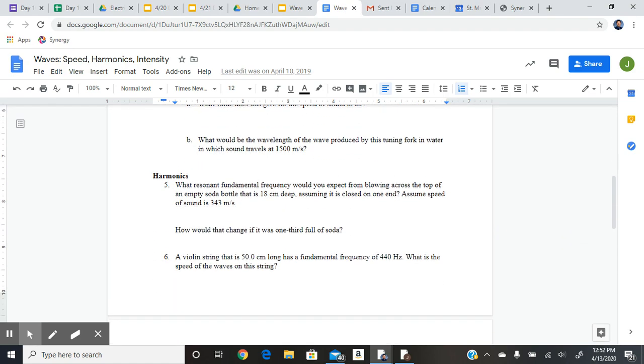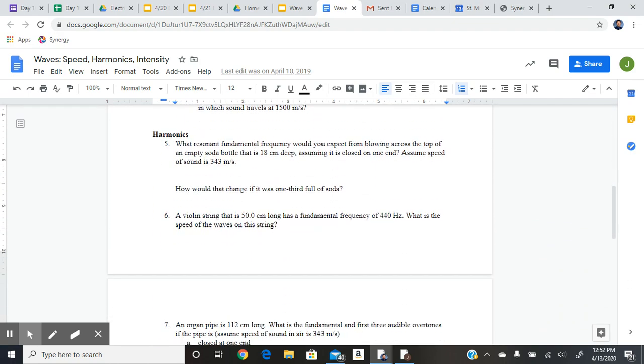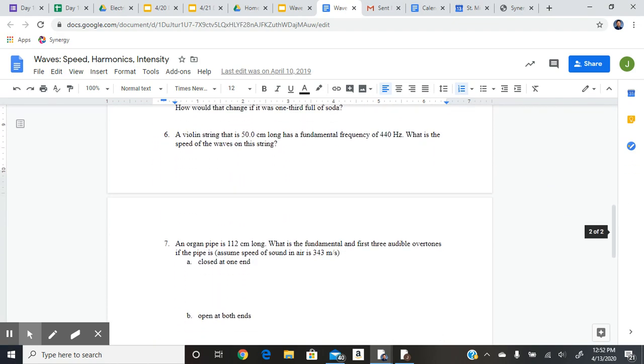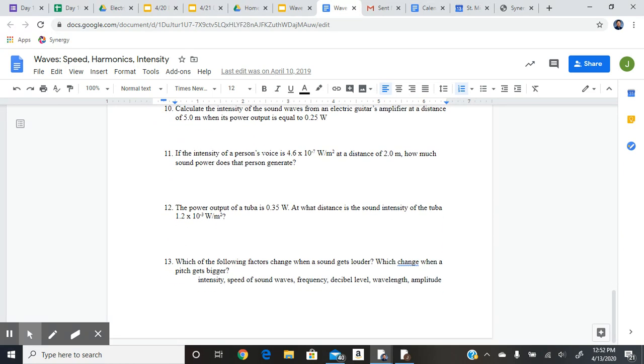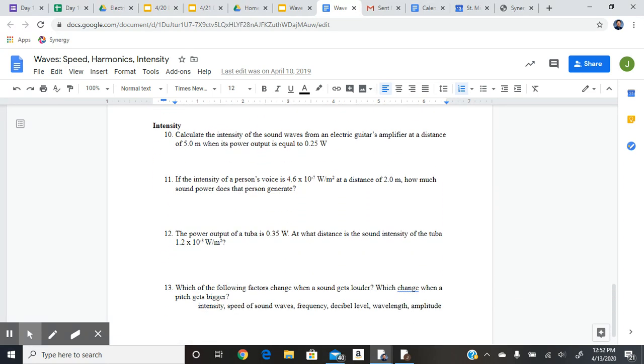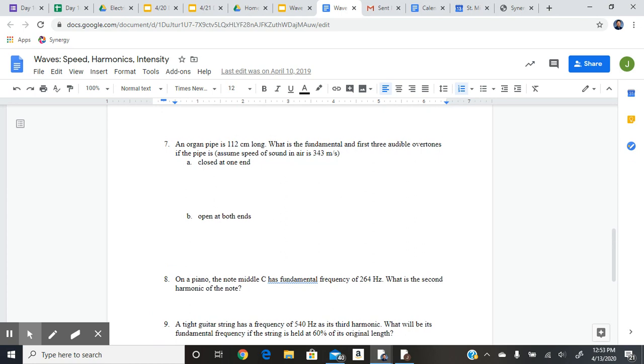There's a harmonic section. So you're going to be doing numbers 1, 2, 3, 4, 5, 6, 7, 8, 9. So you're basically doing everything except for this intensity section. We're going to save this intensity section for tomorrow, so don't worry about that right now.